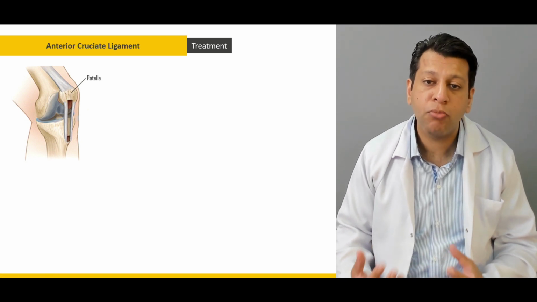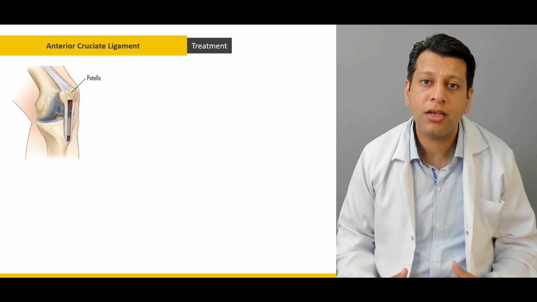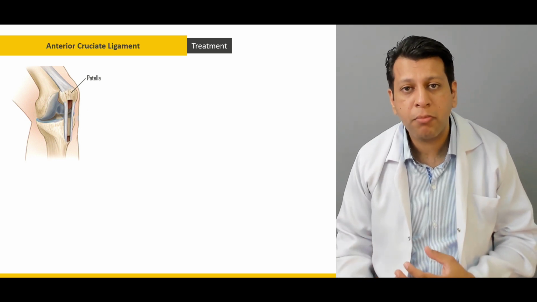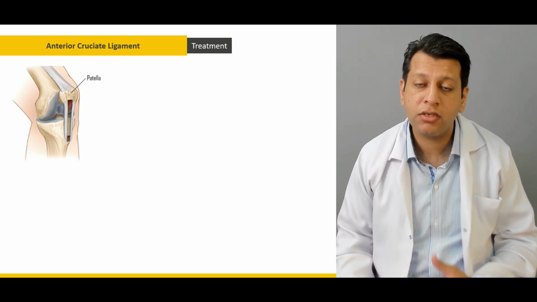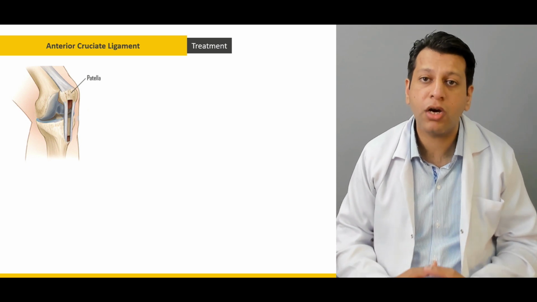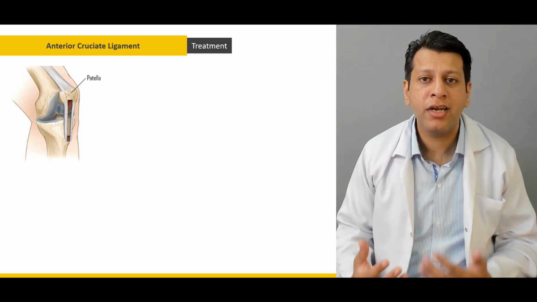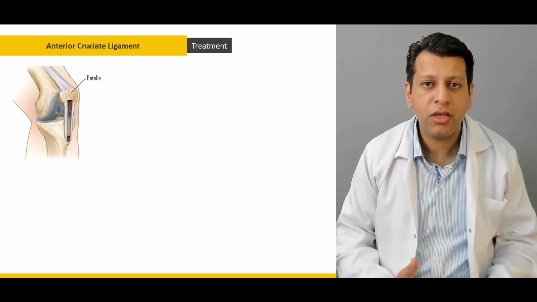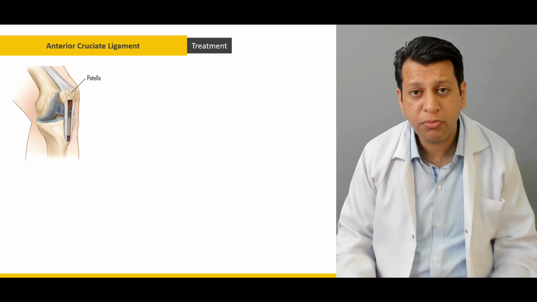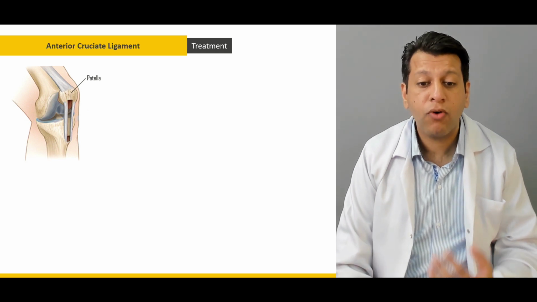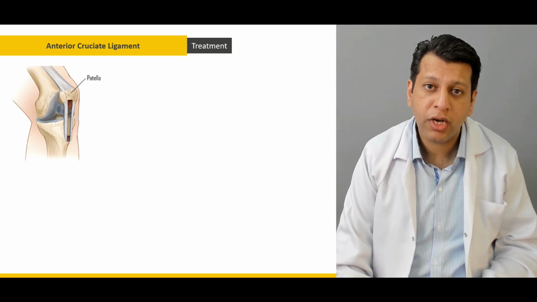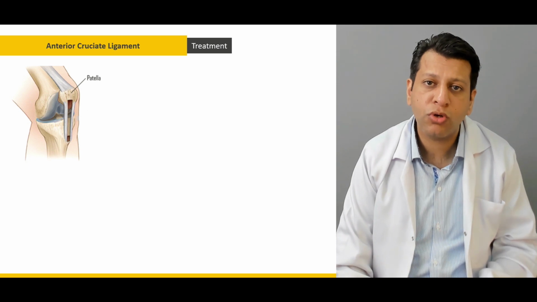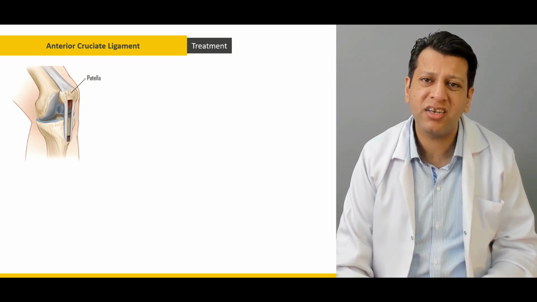So that is why a bone patellar tendon bone graft is taken, and an open reconstruction can be done as well, but nowadays it's very common to do an arthroscopic all inside or inside out reconstruction of the ACL with the bone patellar tendon bone graft. Another option is always available as well. Some people don't like it because it has its own pros and cons, since later on there is always anterior knee pain.